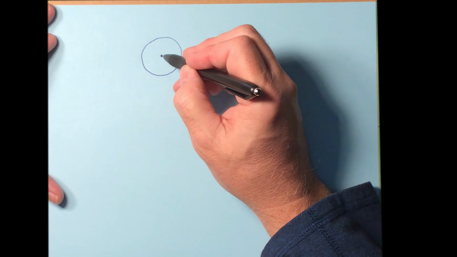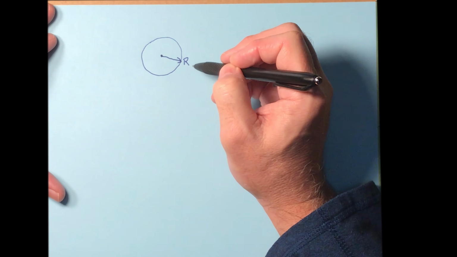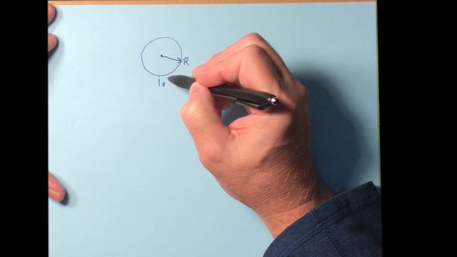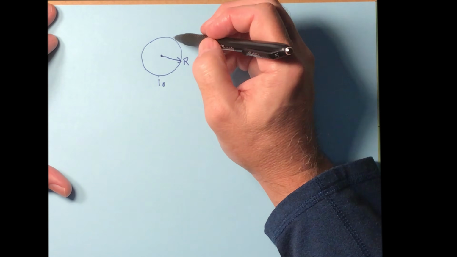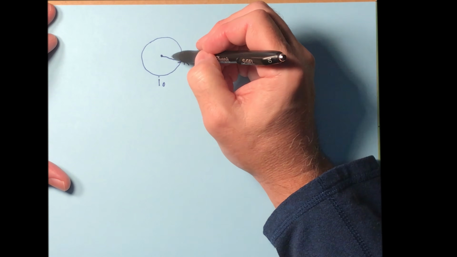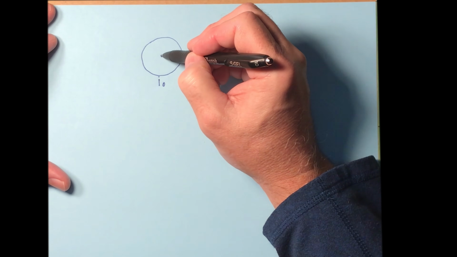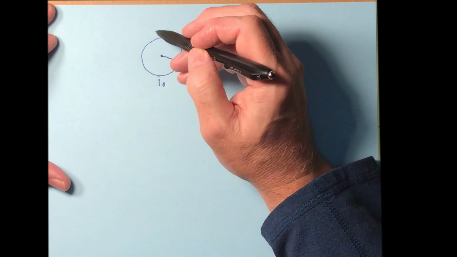So this is the actual radius of the physical wire itself, and the entire current coming out is I naught. We want to figure out what the magnetic field is inside of the wire. So anywhere between a radius of 0 to big R is the region that we're interested in.